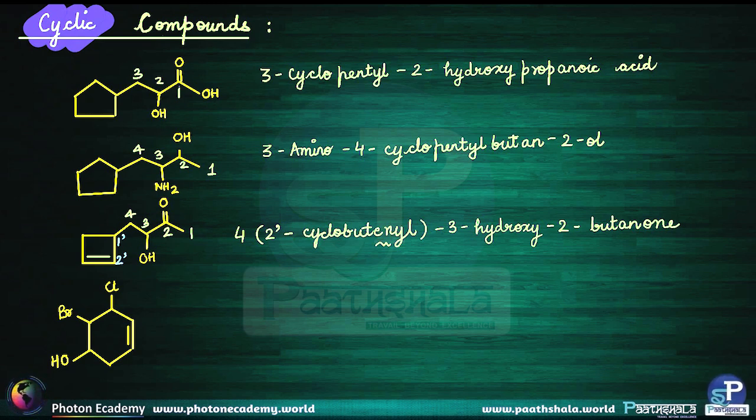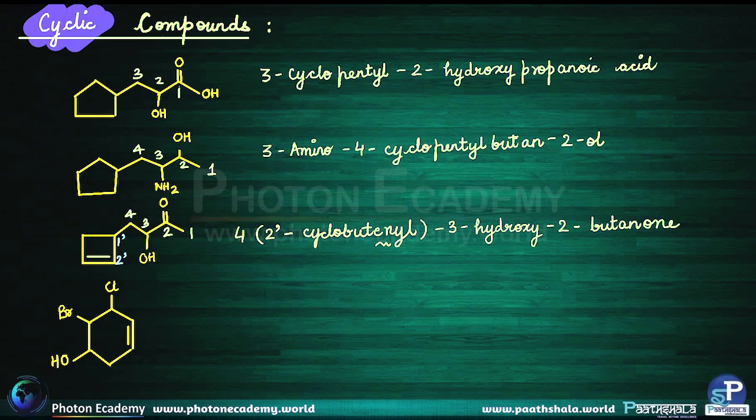Now coming on to the next one, we start the numbering from this side because the OH, the functional group, appears here. So 1, 2, 3, 4, and now this whole ring, 4, 5, and 6.